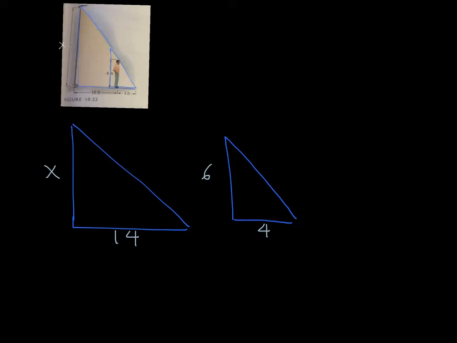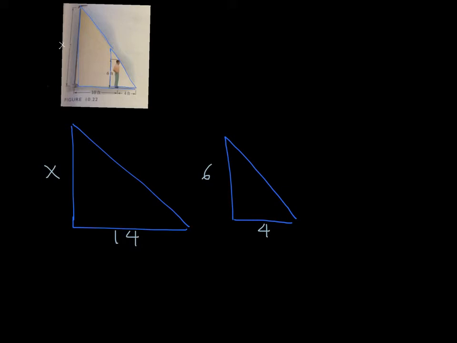Here we can construct a proportion, which we've worked with before. It doesn't matter, I'm just going to go this side to this side. So this side corresponds to this side. I'm going to go from big to small. If you want to go from small to big, it's not going to matter.